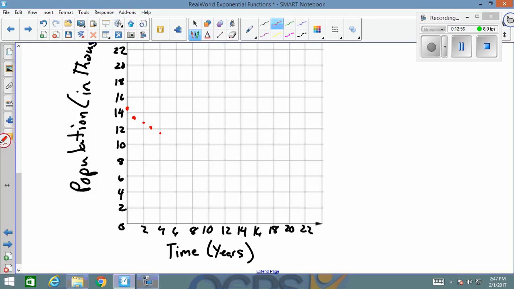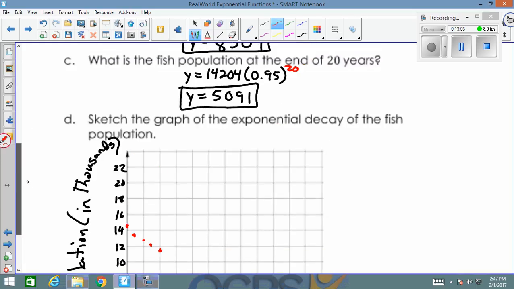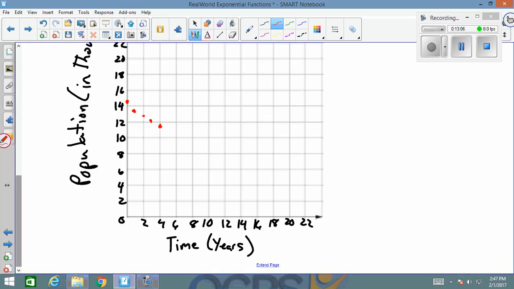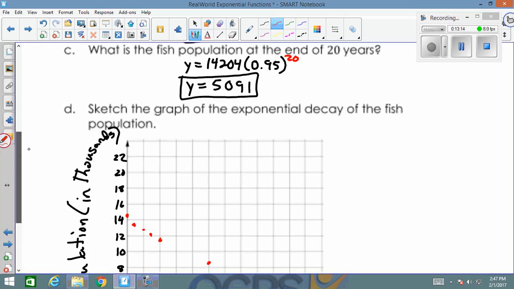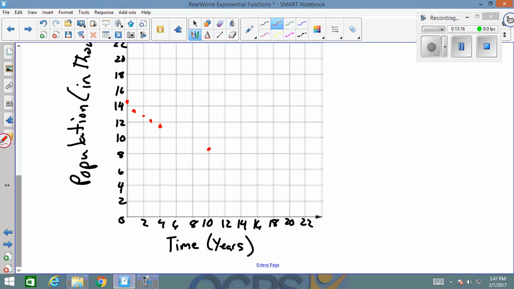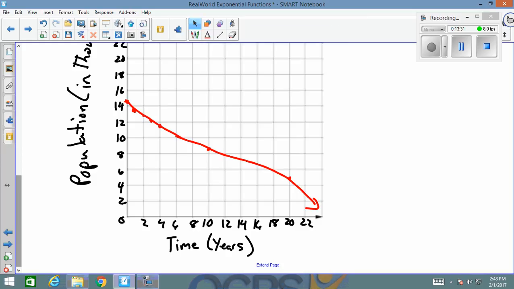Right about there, and then at 10 it was 8,504, so somewhere about there. Again, these are just rough sketches, not going to be very accurate. And then at 20 it was 5,091, somewhere about there. As you can see, there is a slight curve to them.